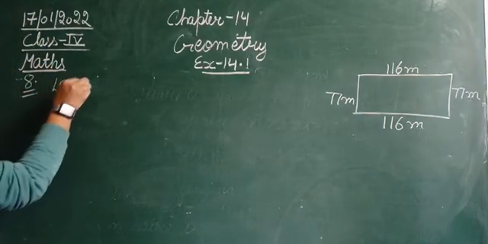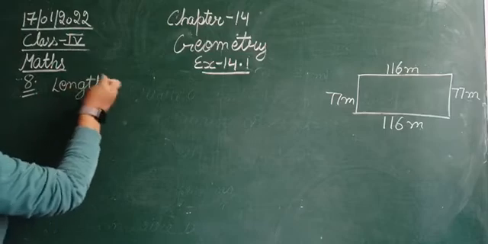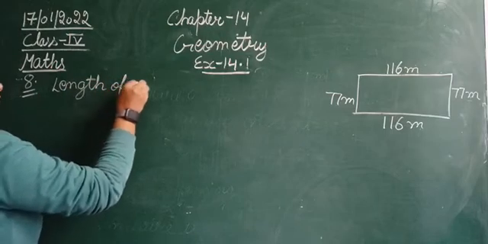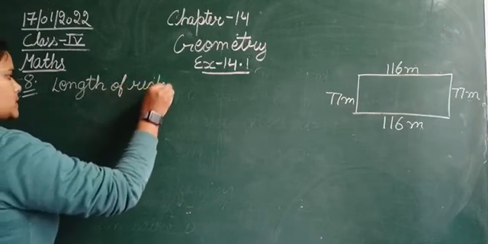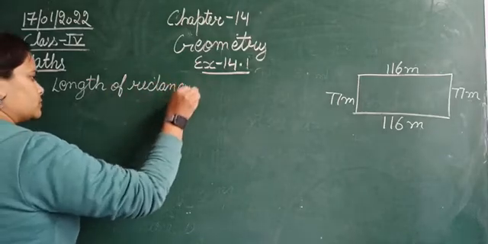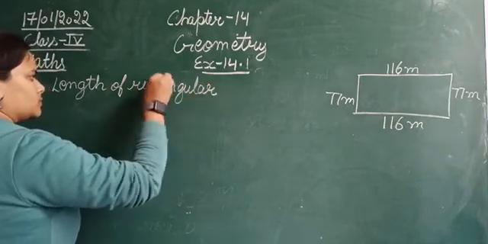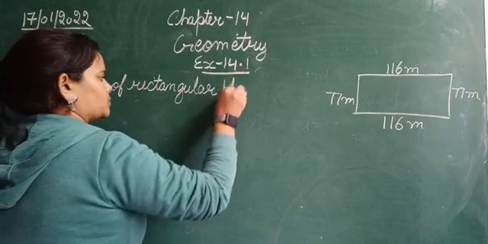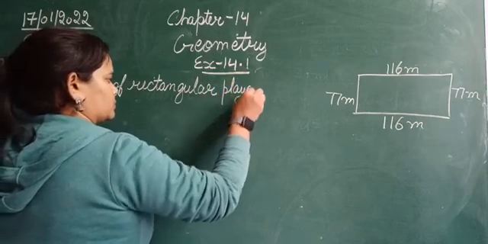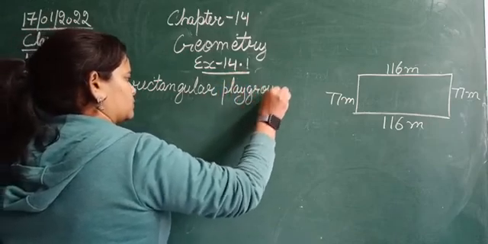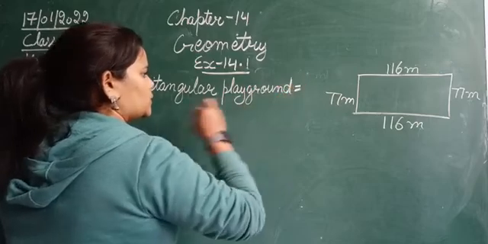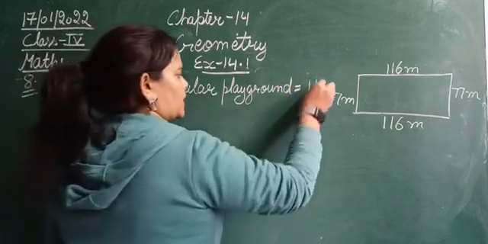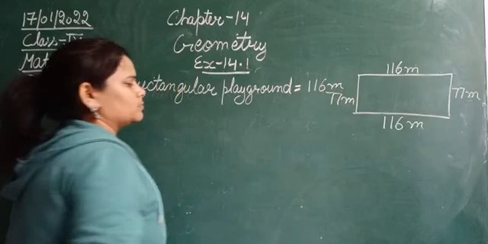Length of rectangular playground is equal to 116 meter.